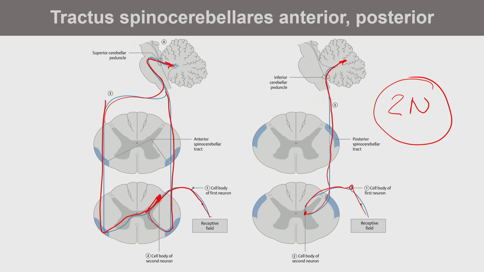This is balance information obtained from the peripheral part, and then connected with information from the vestibular apparatus in the skull. So it is unconscious. You are not informed in your mind about it. So this is something which is automatic.